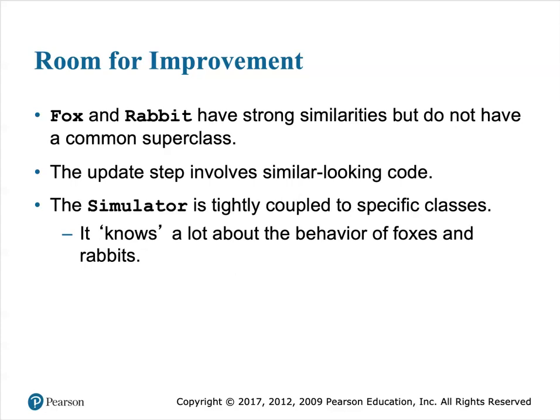Fox has a hunt method, rabbit has a run method. But the update step does involve similar looking code. And from a coupling standpoint, the simulator class needs to know that the fox is a predator because it has to call hunt, and it has to know the rabbit is prey because it has to call run. So think about what we might do to fix that. When we come into the next portion of the lecture, we'll move forward and implement some changes.